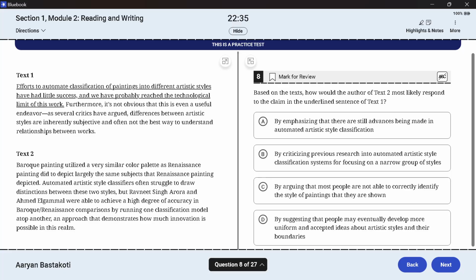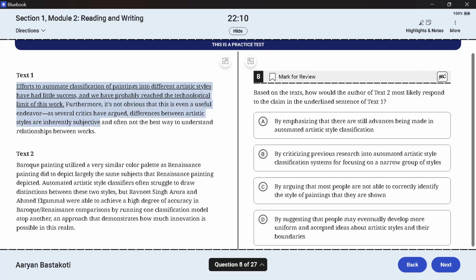Baroque paintings utilize a very similar color palette as Renaissance paintings did to depict largely the same subjects that Renaissance paintings depicted. Automated artistic style classifiers often struggle to draw a distinction between these two styles, but Ravneet Singh Arora and Ahmed Al Gamal were able to achieve a high degree of accuracy in Baroque and Renaissance comparisons by running one classification model atop another, an approach that demonstrated how much innovation is possible in this realm.